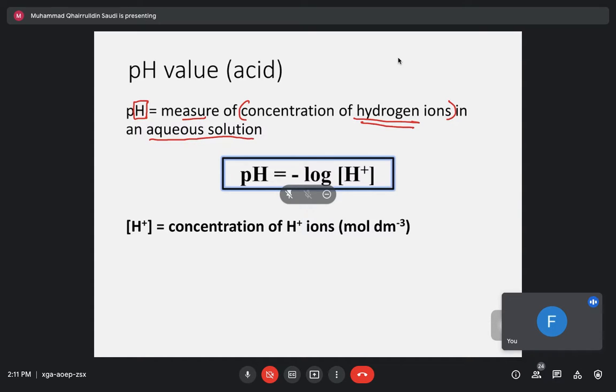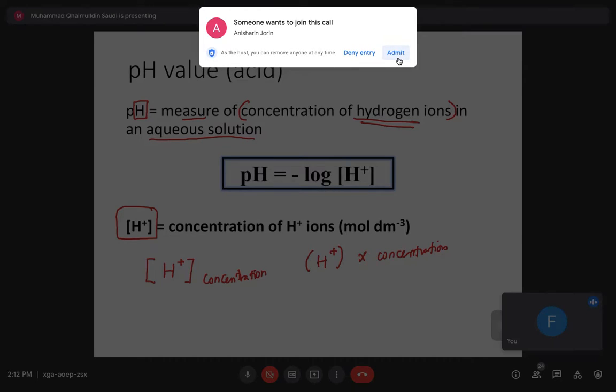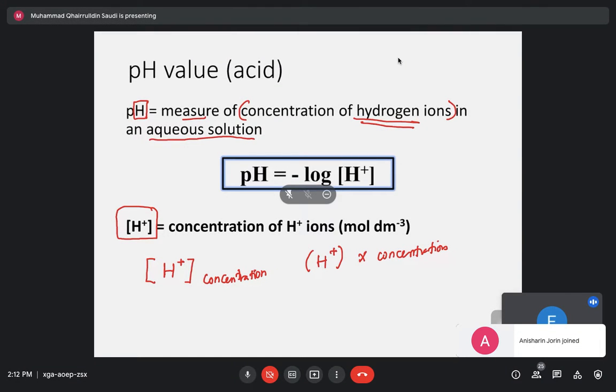So the concentration of hydrogen ion selalunya ditulis dalam bentuk ini. Okay, notice here the kurungan, the bracket, kita guna bracket macam ni. Okay, and then H plus, and then tutup bracket. This bracket means concentration. Kalau awak buat macam ni, this is not concentration of hydrogen ion. Okay, this is only hydrogen ion in a bracket. So please make yourself familiarize with the usage of this bracket.